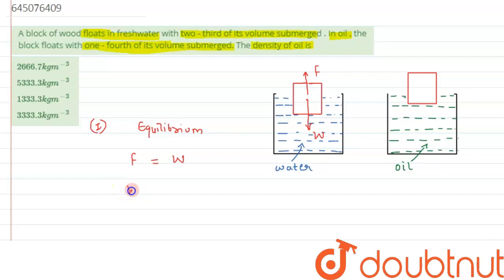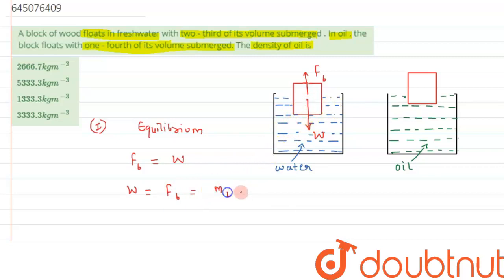Let's write the buoyant force as FB. It can be given by Archimedes' principle: the buoyant force is the weight of the liquid displaced.